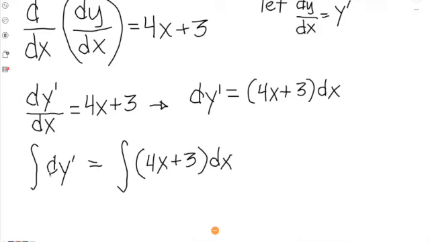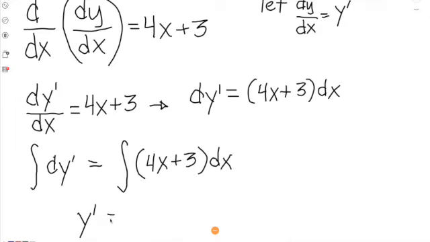For the integral of dy prime, we just remove the differential operation and it will be equal to y prime, or dy over dx.